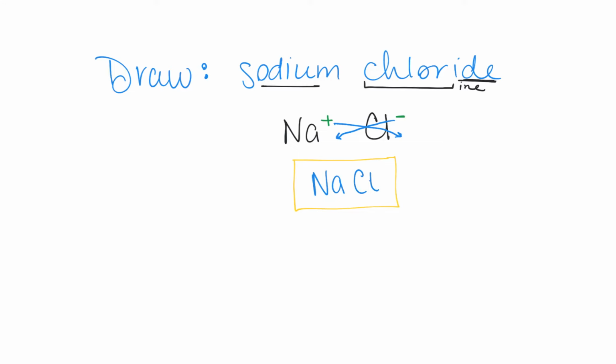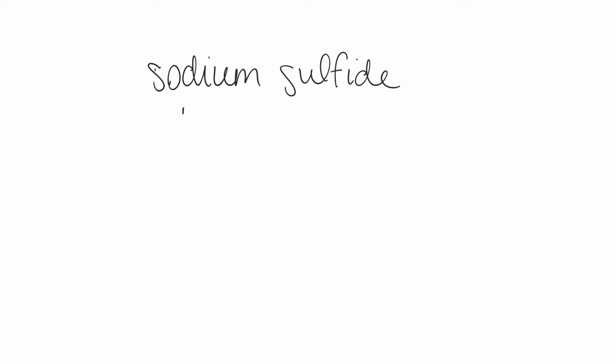Okay, let's try one that's a little bit trickier than that. What if we have sodium sulfide? If I ask you to draw for me sodium sulfide, you're going to say sodium has a symbol of Na and it's got a charge of +1.